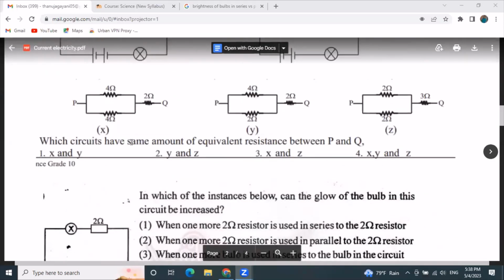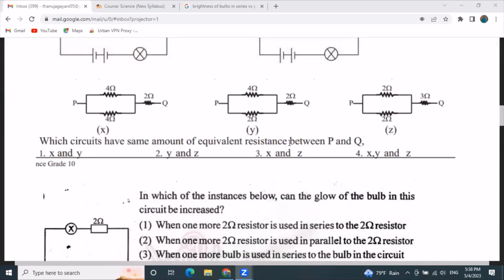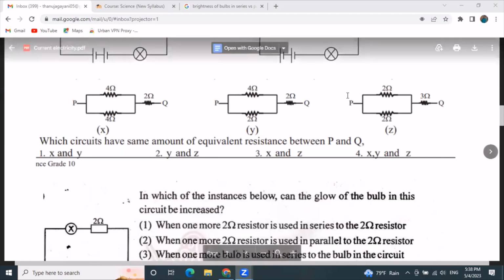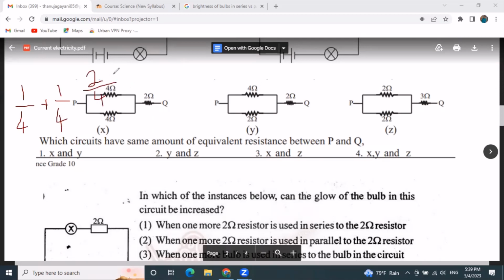Next question. Which circuit has the same amount of equivalent resistance between P and Q? Okay, here 4 ohm plus 4 ohm in the parallel combination method. In the parallel combination method, to find the value, we add 1 over 4 plus 1 over 4. That means 2 over 4. 2 over 4 is the reciprocal of the value.